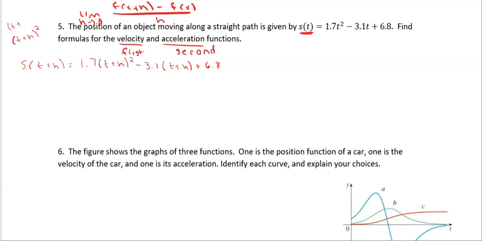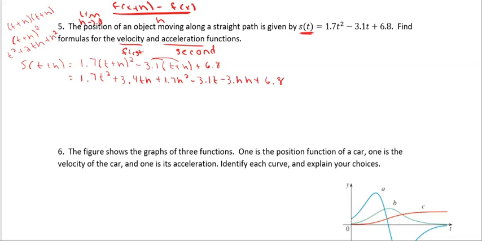So that'll look like t plus h times t plus h, which will give us t squared plus 2th plus h squared. So that'll be a FOIL. And then we need to multiply 1.7 by all that. So that will give us 1.7 t squared. And then 1.7 times 2 is going to give us 3.4 th and then 1.7 h squared. And then we need to distribute right here, minus 3.1 t minus 3.1 h plus 6.8.